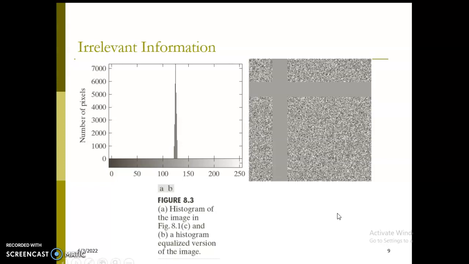Irrelevant information: number of pixels here, number of pixels here, 0, 50, 100, 150, 200, 255.